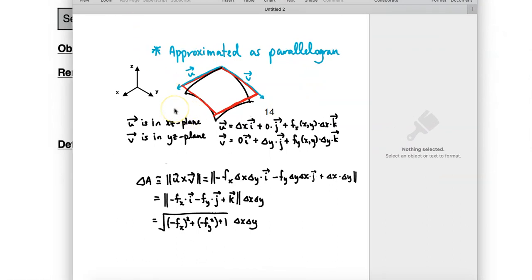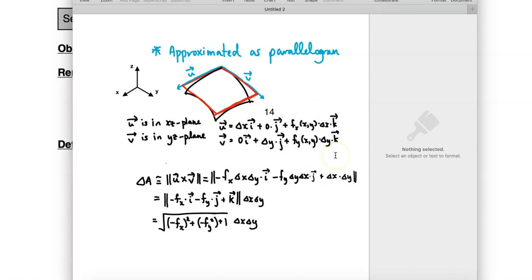If you have a surface in space, you're going to want to break it into small little pieces that can be approximated with parallelograms. So the red parallelogram is going to have approximately the same area as this little piece of surface in black.